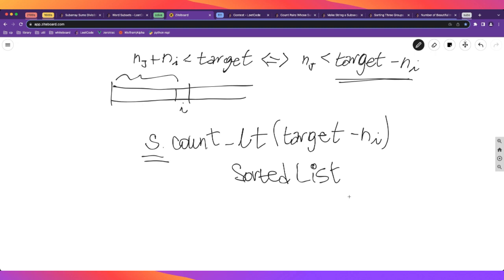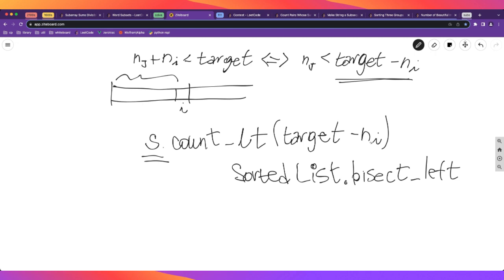It's the sorted containers module, and the method that does this that we want is called bisect, and it's bisect left, because if there are repeated elements, we want the leftmost, so that we count the numbers that are less than or equal to this value.